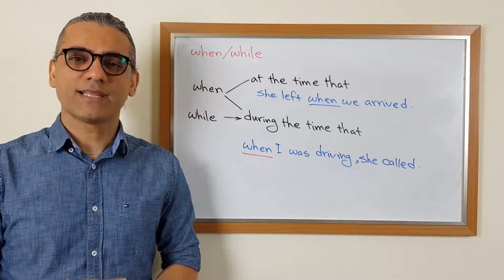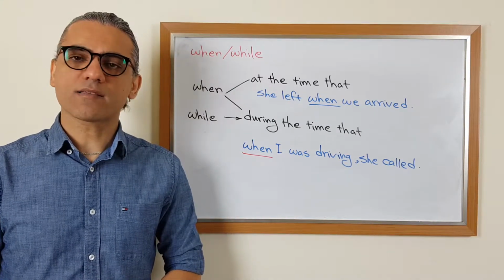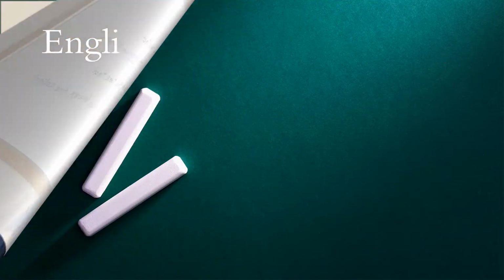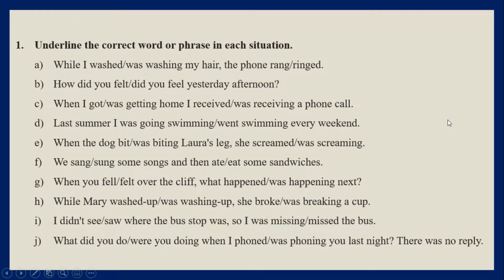Okay, now let's take a look at some exercises together. These exercises are from the book Intermediate Language Practice. Okay, first exercise. Underline the correct word or phrase in each sentence.